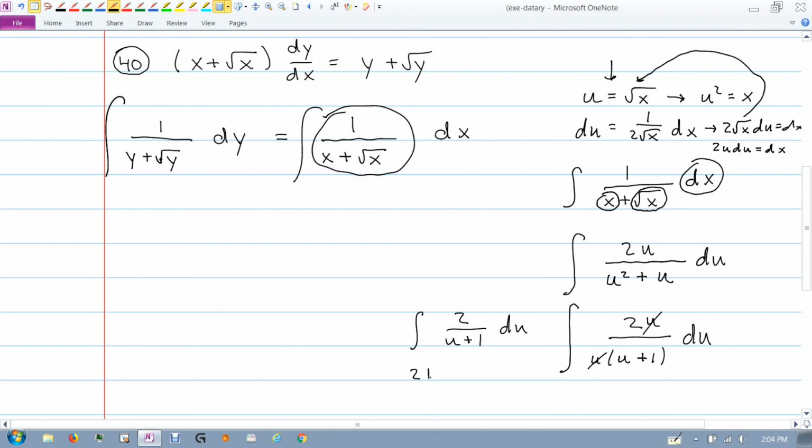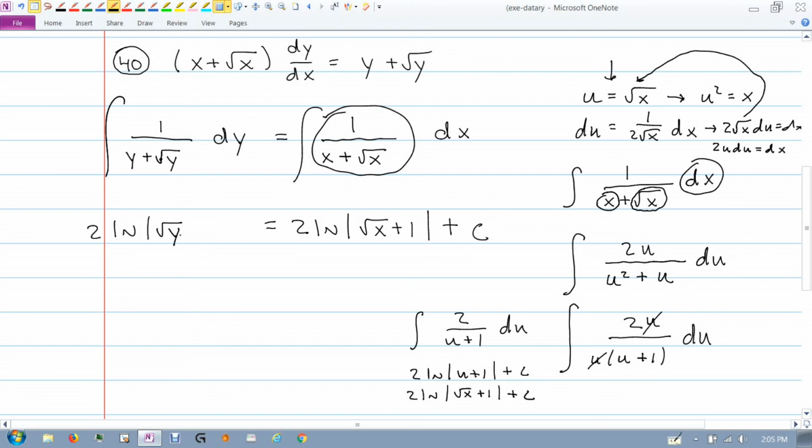And this is going to be 2 natural log of u plus 1 plus a constant. And that's 2 natural log of u, but u was actually root x, so plus 1 plus c. So the right-hand side becomes 2 natural log absolute value root x plus 1 plus c, and then the left-hand side would have gone exactly the same way, 2 natural log of root y plus 1, and I already took care of the plus c.